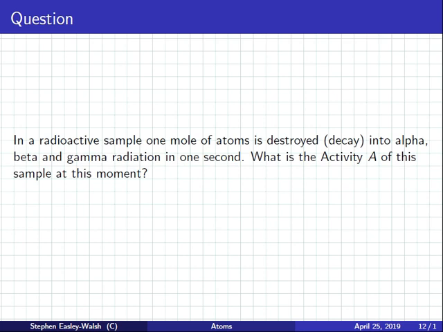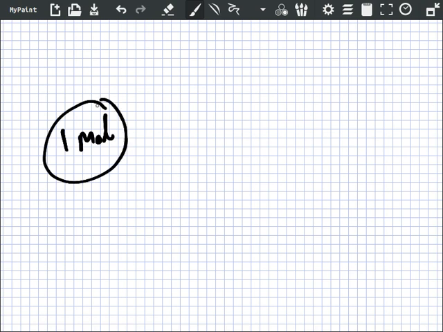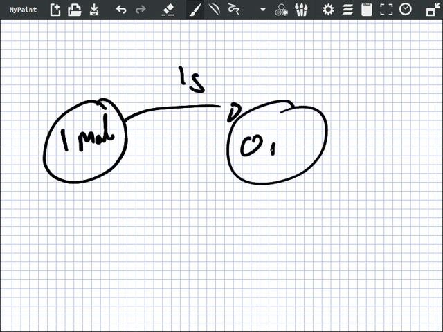In a radioactive sample, 1 mole of atoms, sorry, I should say isotopes, is destroyed into alpha, beta, and gamma radiation. What is the activity? Let's say we have 1 mole, and then 1 second later we have none left. What's the activity?